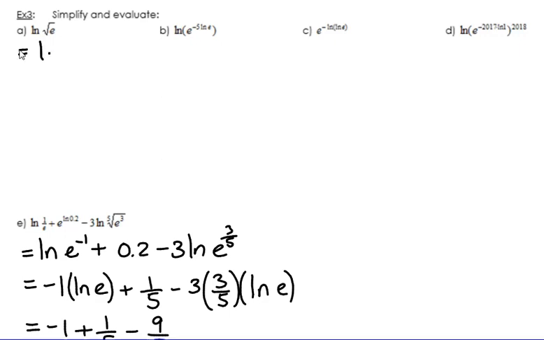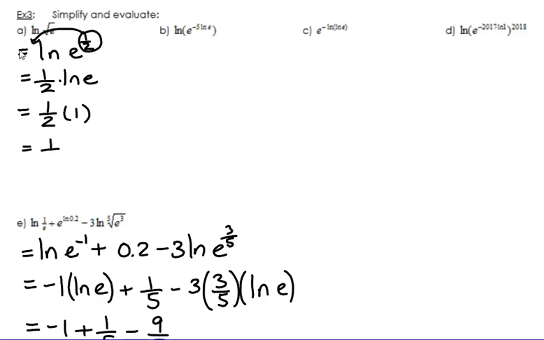I'd like to write it as the exponent because that allows me to bring it down, which is much easier. 1/2 ln e, and those are multiplying. Remember, ln e equals 1, so 1/2 times 1. That was one of the properties, and that means your answer is 1/2.